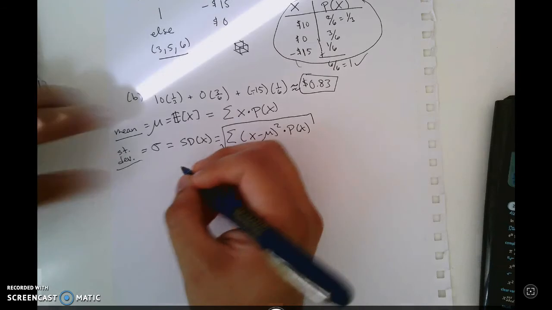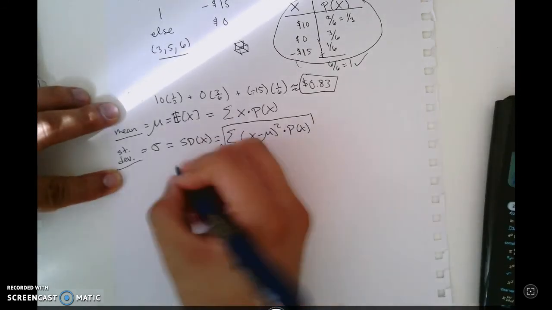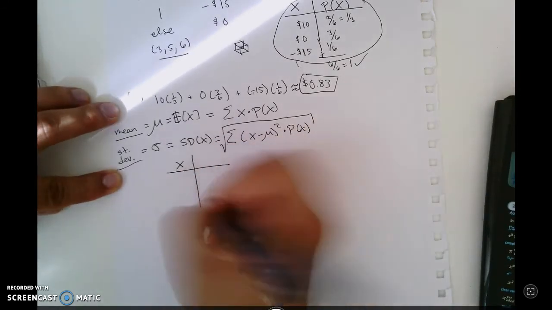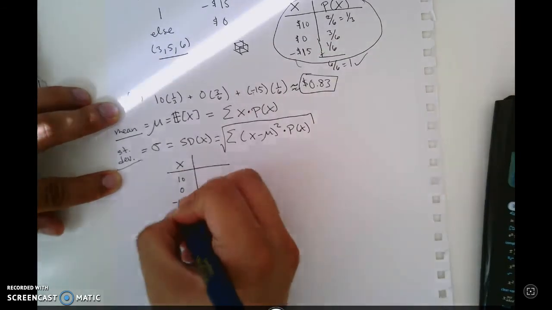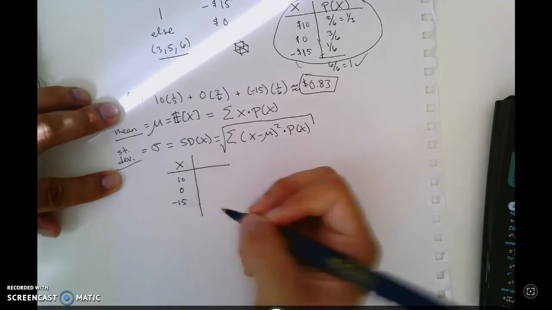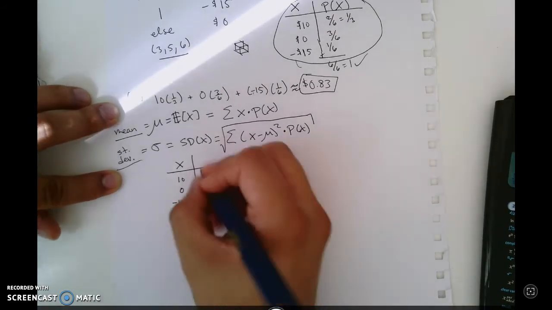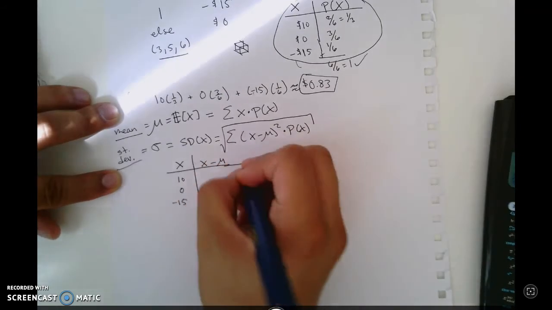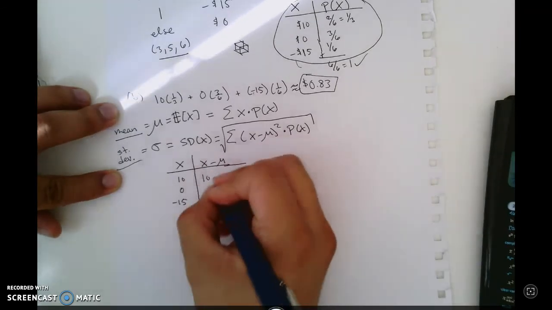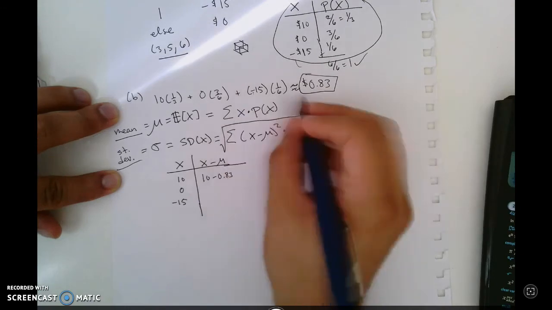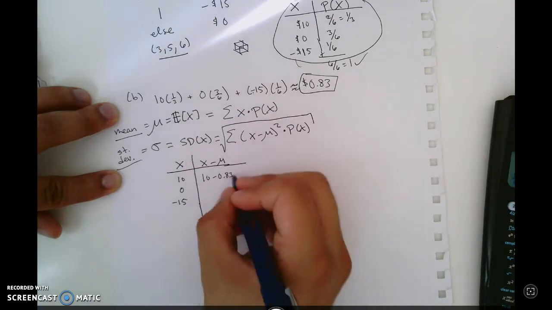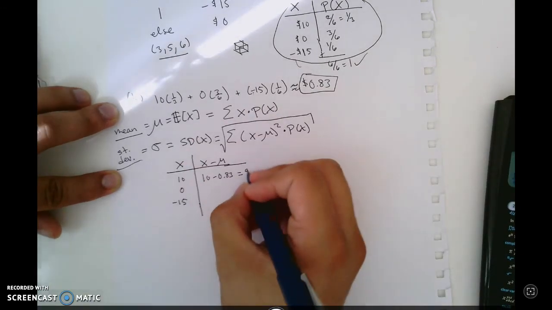But basically what you're going to do is start off with your x's, kind of similar to how we started off with the standard deviation. All my x's are 10, 0, and negative 15. Then I'm going to subtract the mean. So I'm going to take 10 minus 0.83, which is what we solved over here. Your expected value is the same thing as the mean. And that gives us 9.17.